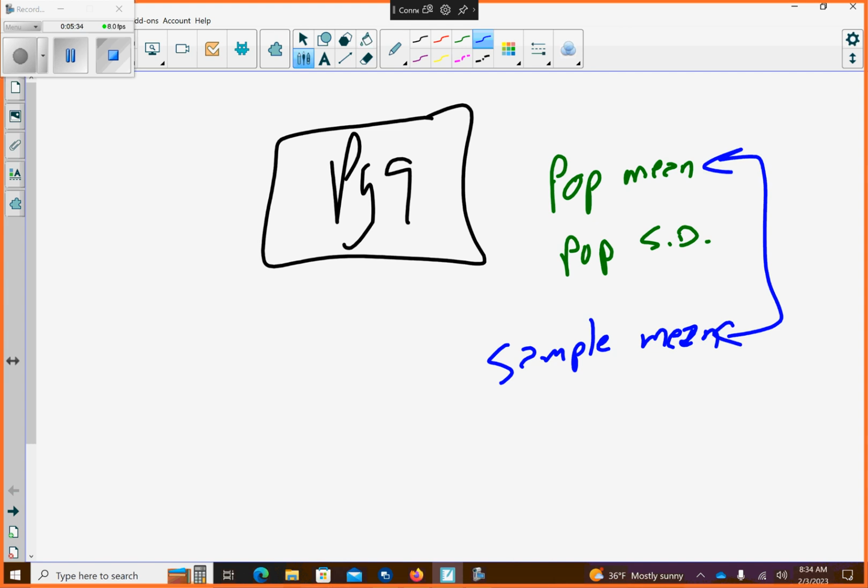But the sample standard deviation is going to change to, oh, I'm so sorry. It's going to change to what we can call the standard error.